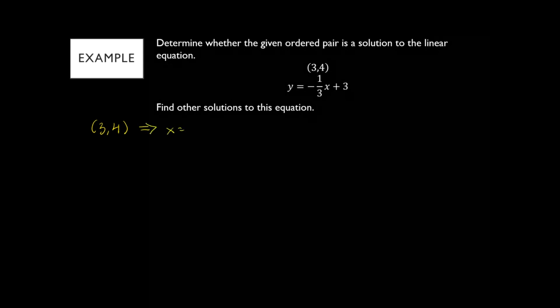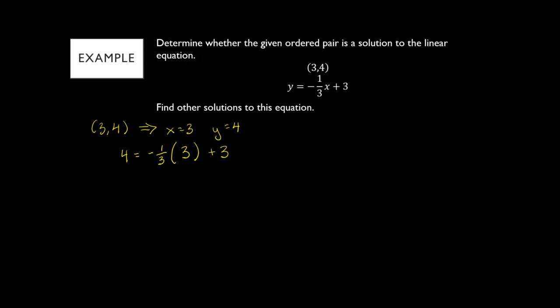So this is telling us that x is equal to 3 and y is equal to 4. It's alphabetical order. So instead of our equation where I have y, I'm going to put 4. Then I have negative 1/3, and then in parentheses, that's multiplication. I'm going to be multiplying it by our x, which is 3, and then plus 3.